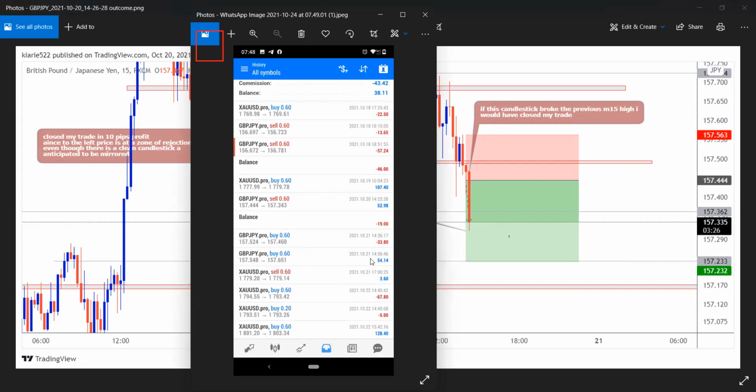They took entries on these. Thus they took these trades. Okay, remember, that's what I did.